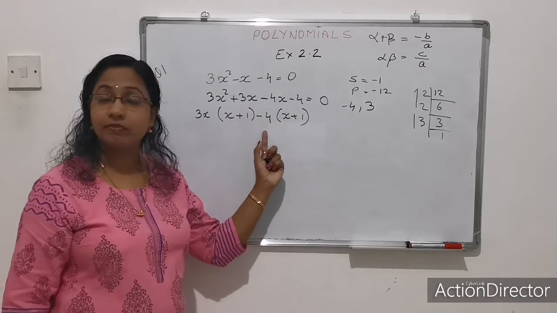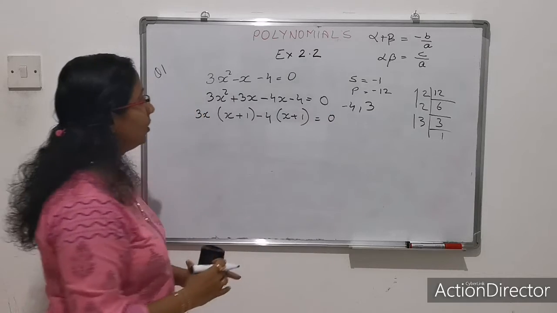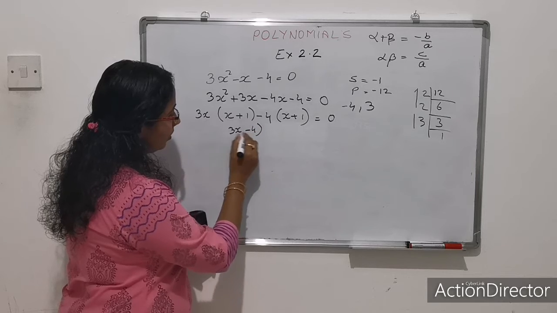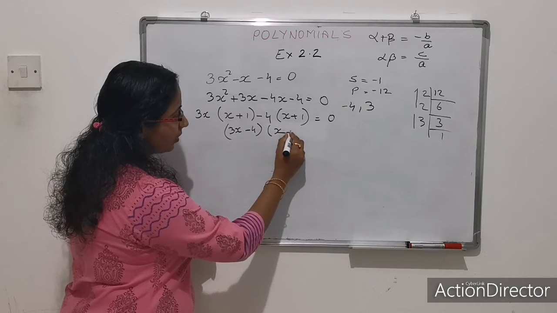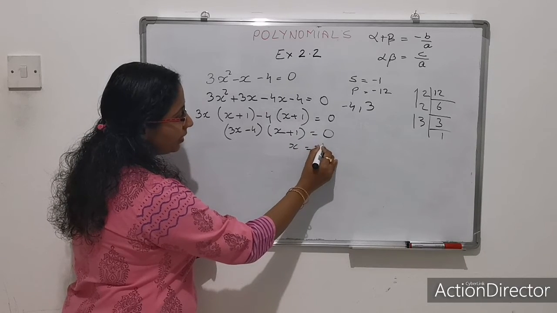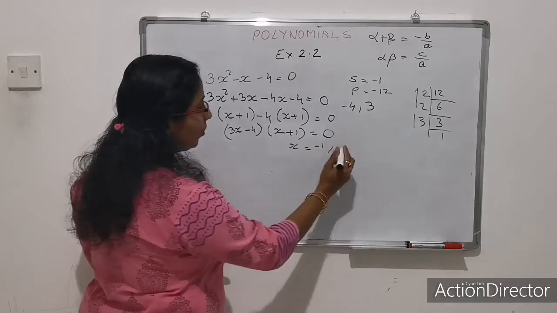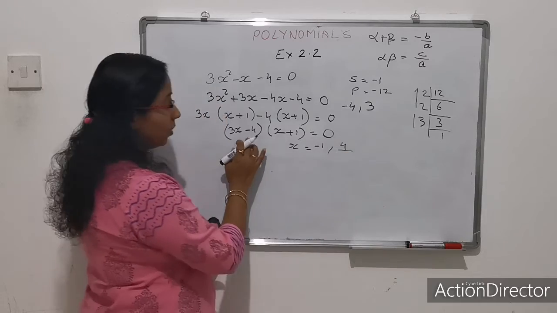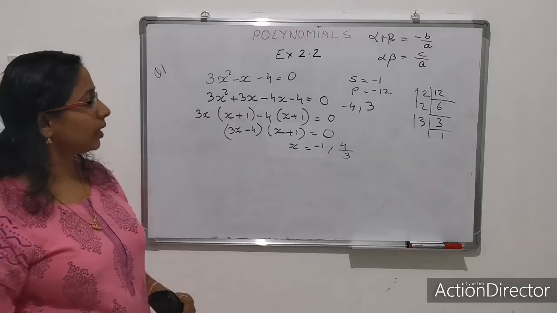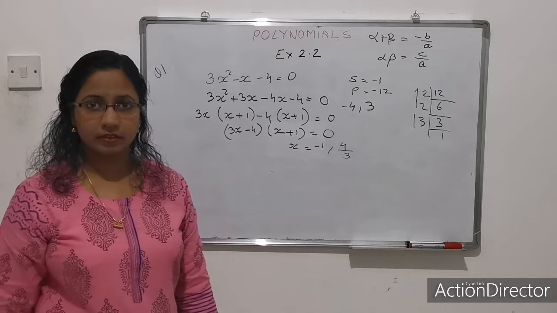So this is 0. This becomes 3x minus 4 and x plus 1. So the zeros are x is equal to minus 1, comma, this will become plus 4 by 3. This sign will become plus on the opposite side. Okay? Clear? So this is alpha and this is beta.